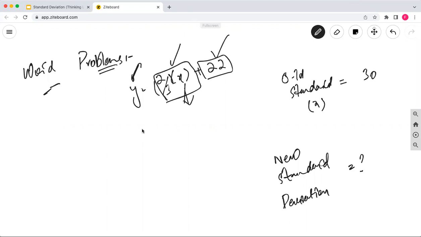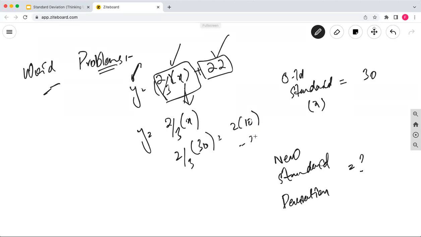The new standard deviation will be just y is equal to 2 by 3x, which is 2 by 3 into 30, which is 2 into 10, which is 20, right?